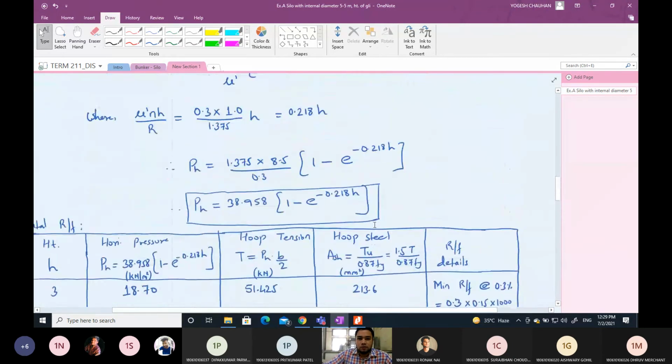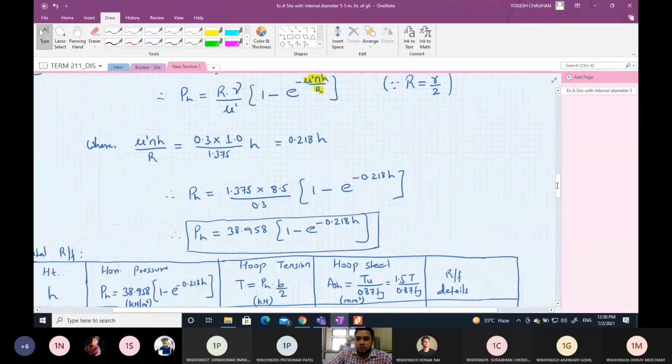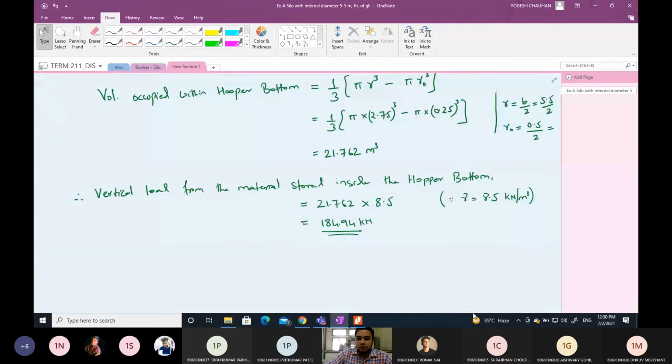So here it is 184.94 kilonewton plus the self weight of the hopper bottom itself. So third, we will be finding the self weight of the hopper bottom itself.